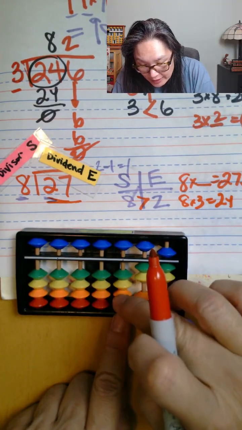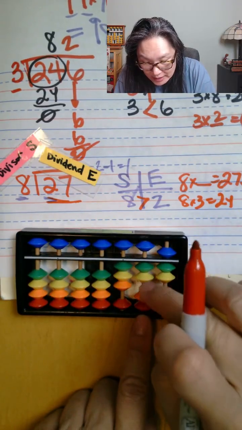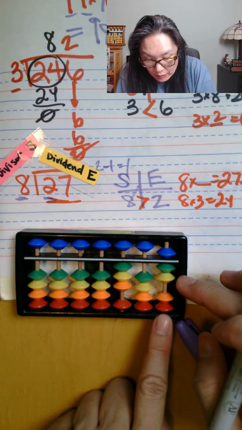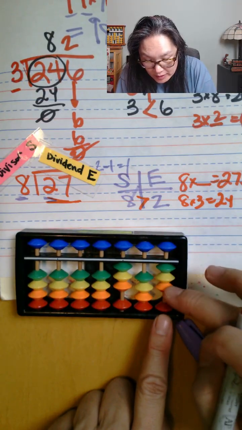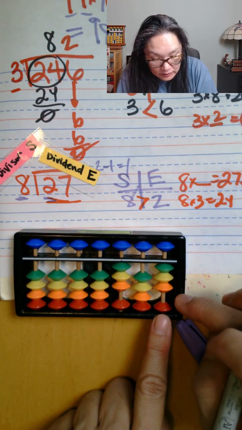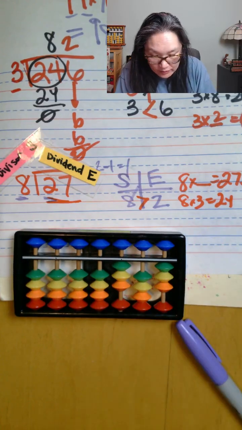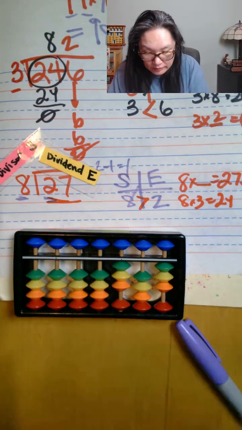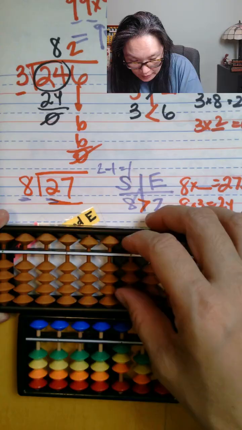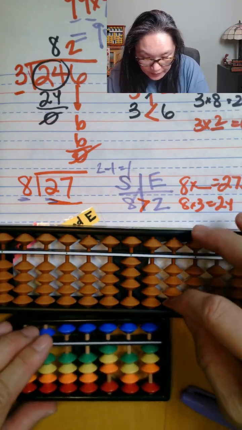So I have my 3. I take away 20, and I take away 4. Cannot take away 4 minus the 5 plus the 1. So now my answer is 30. I have to transition out. 3 and 3.